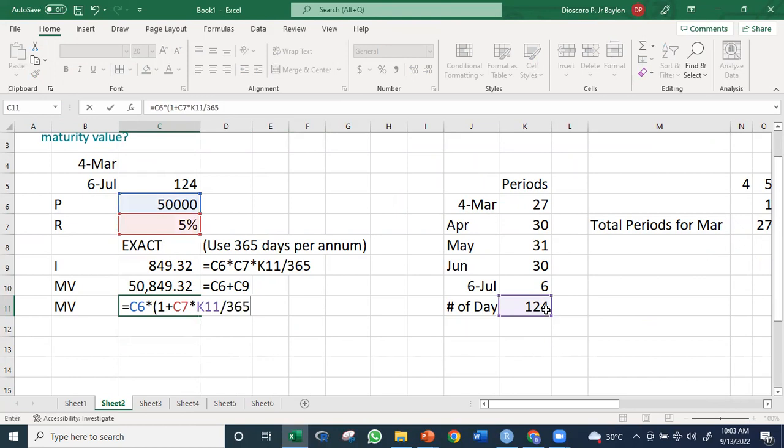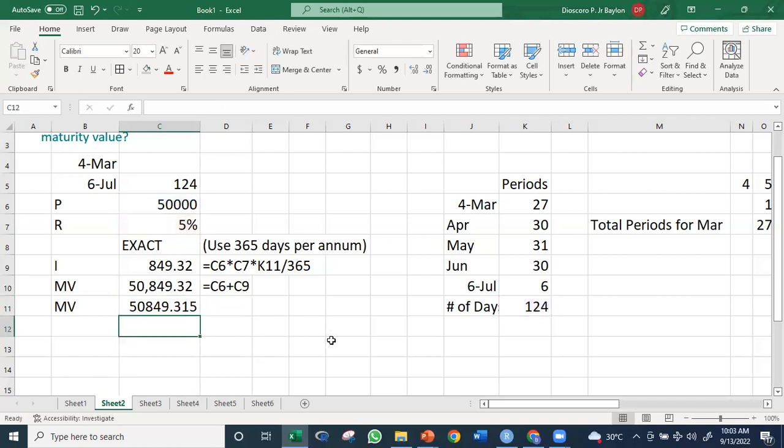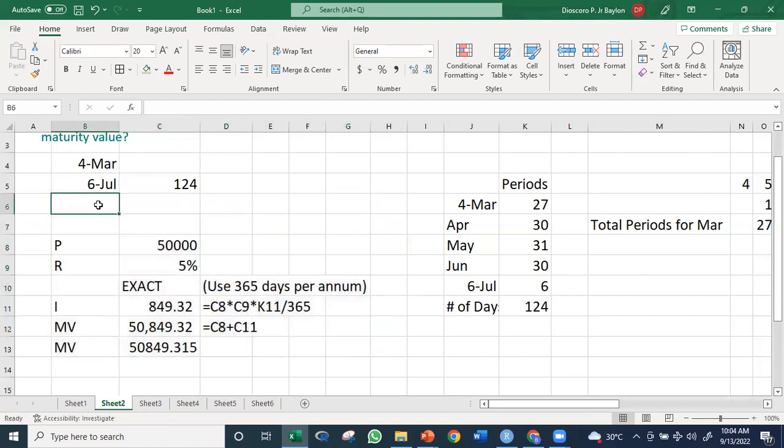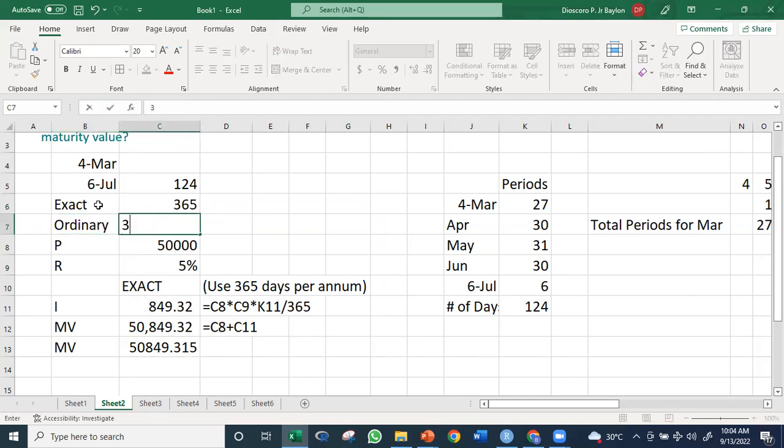Okay. Oftentimes, class, it's not good to put absolutes here. If I were to do this, I would have inserted here exact. For exact, I would have made this 365, and then for ordinary, I would have used 360 here.